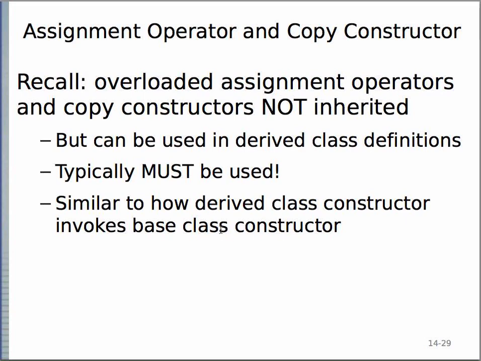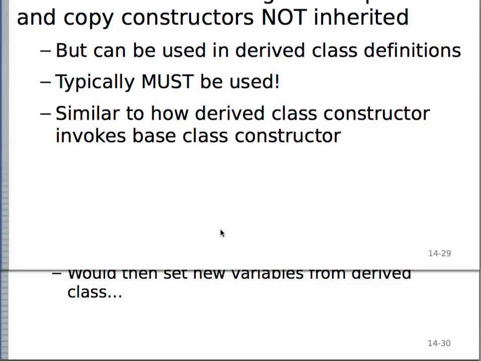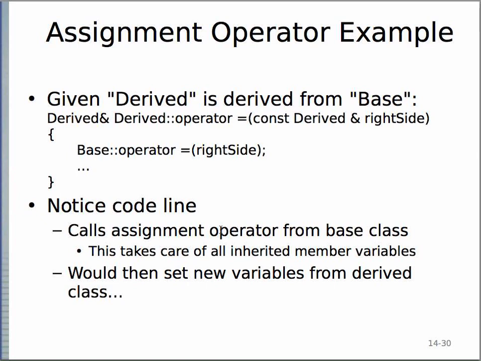So I'll say that again, we don't really need it for this example, but this is just showing you how to do it. If you use dynamic memory allocation, dynamic objects inside your classes, then chances are very good that you would need to redefine assignment and the copy constructor.